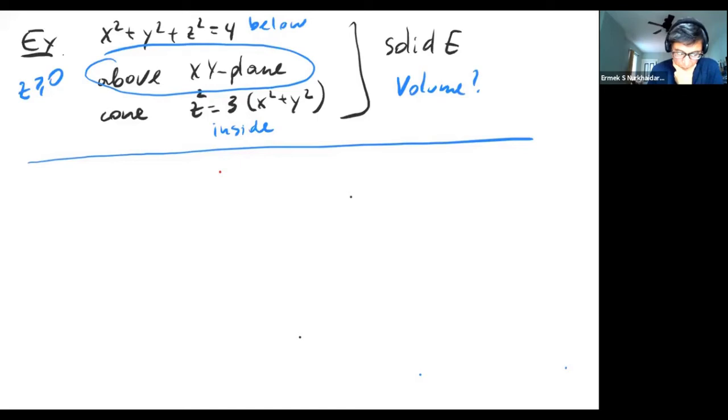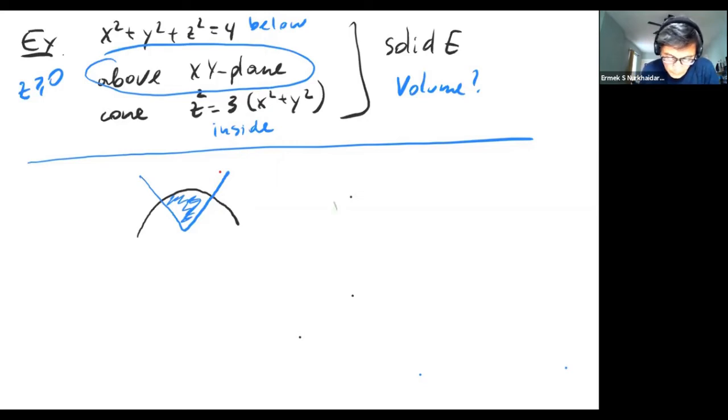Okay, so let's have a look at a picture. I'll try to do a cross section firstly. So that's the cross section of a sphere. And then we have a cone, which looks like this. So we will be concerned about that piece. That's if I do a cross section. If I try to do a three-dimensional picture, it might look something like that.